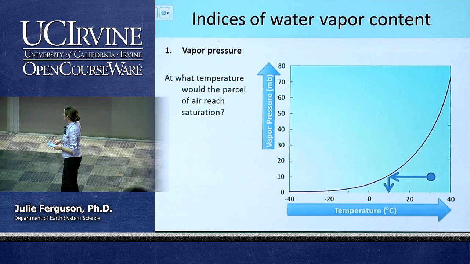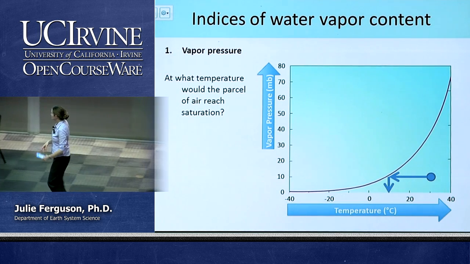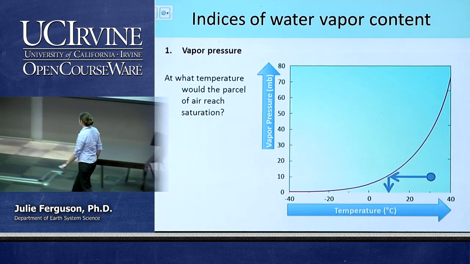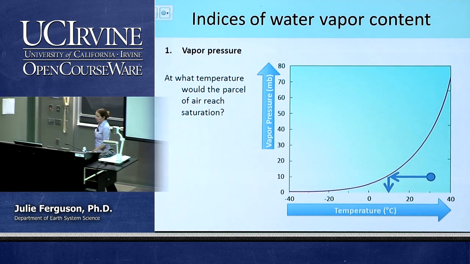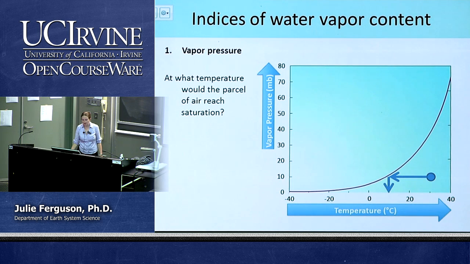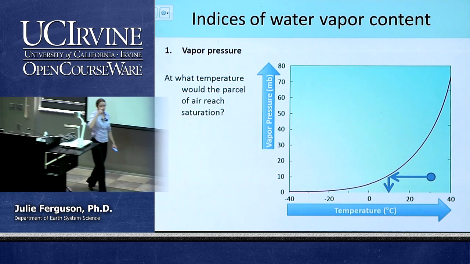So let's go back. If I change my mind about how much water vapor was in my air, so my little air parcel had a water vapor pressure of maybe 10 millibars, what would the dew point temperature be if it was 20 millibars? At what temperature would that air be saturated? 20, yeah. So again, you follow it along.